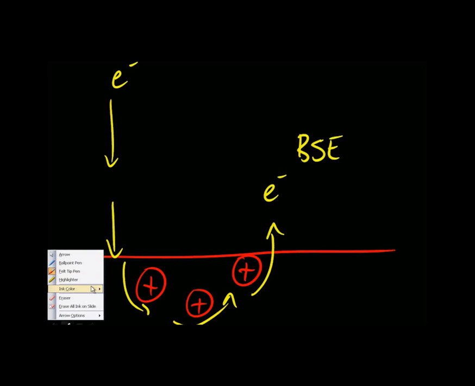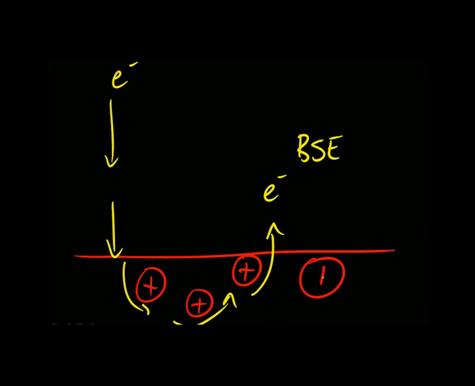Because if you imagine, if we had heavier elements with larger nuclei or more protons in the nuclei, then we would have higher energy electrons coming back and more backscattered electrons.